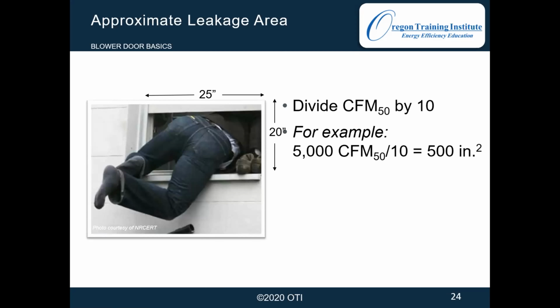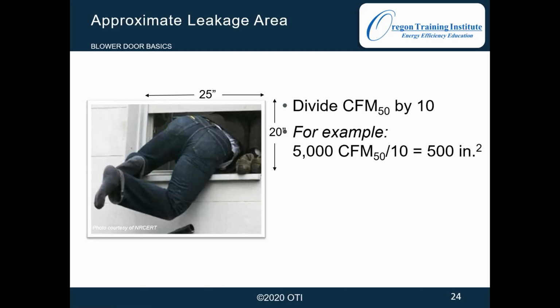With that number, we can quickly convert it into square inches, because 4,000 basketballs, or in this example, 5,000 basketballs a minute is pretty hard to visualize when you're trying to track down these leaks. I can't even imagine 5,000 basketballs inside of one house.